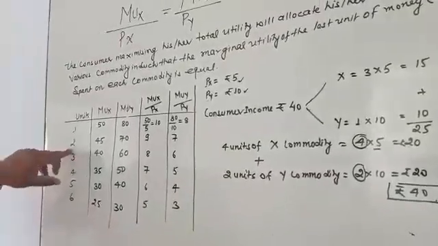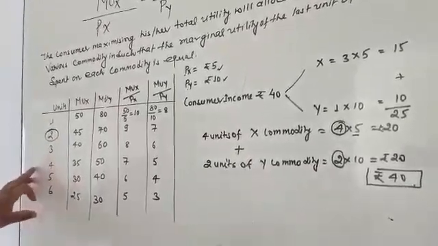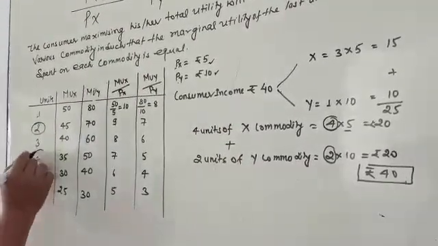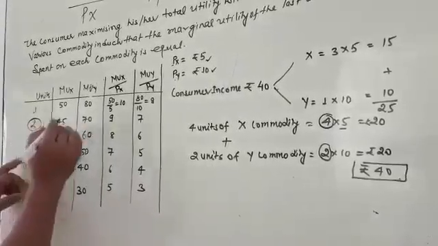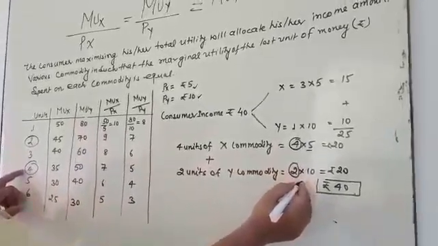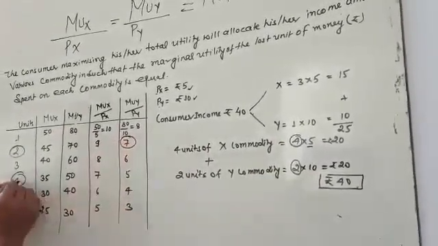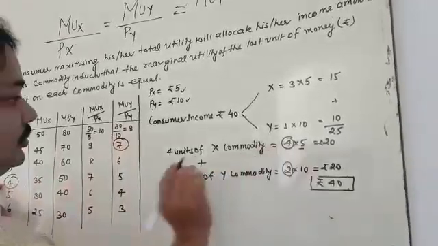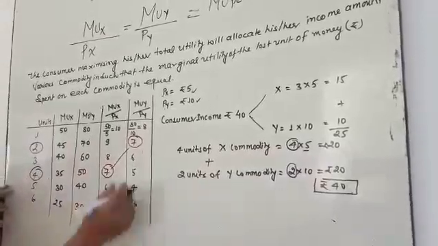Here you can see 2 units of Y commodity and 4 units of X commodity. So what will you observe in this situation?